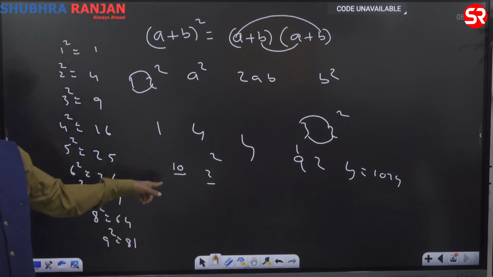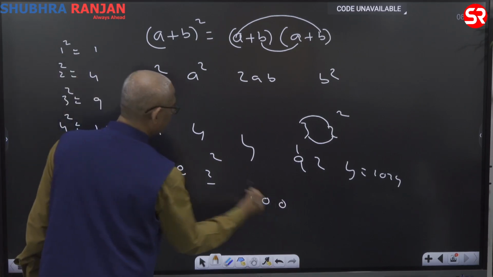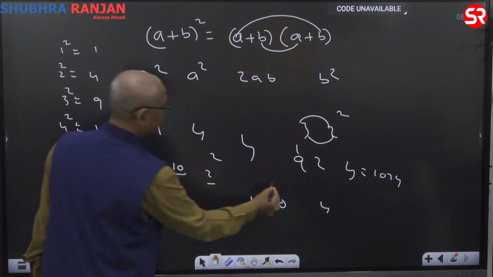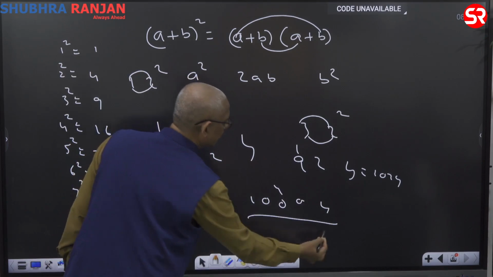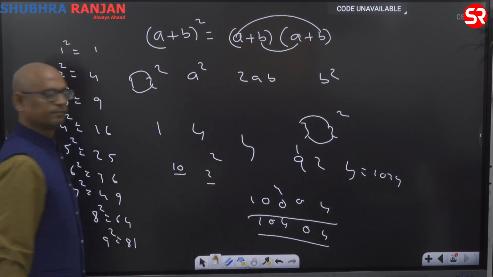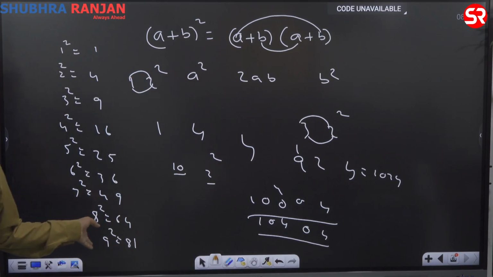Considering here 10 as a, 100, 2 square, 4, 20, 20, 40. So answer. Any doubt? Squares are completed. That's all, na?